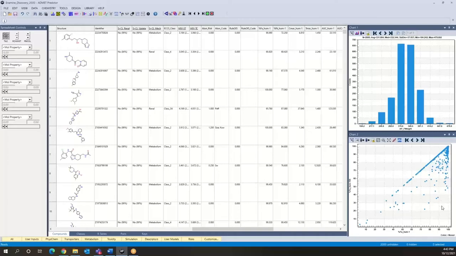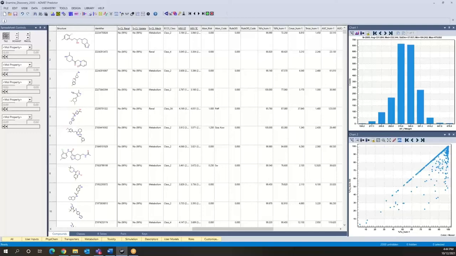And then the off-diagonal compounds are those for which fraction absorbed is concentration dependent. And to the extent that it is, the %FA at the higher dose of 100 milligram is always lower than the %FA at 1 milligram. Of course, the higher the dose, the lower the predicted fraction absorbed.